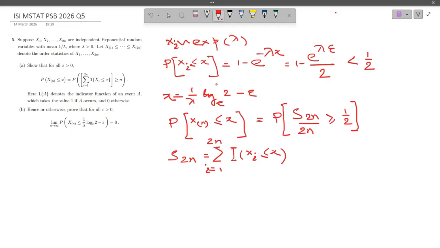So S2n, which is the sum of the Bernoullis, follows a binomial distribution with parameters 2n and p, where p is less than half.